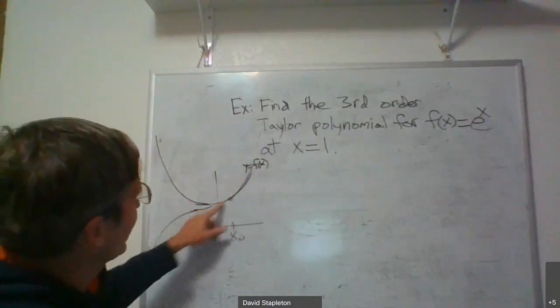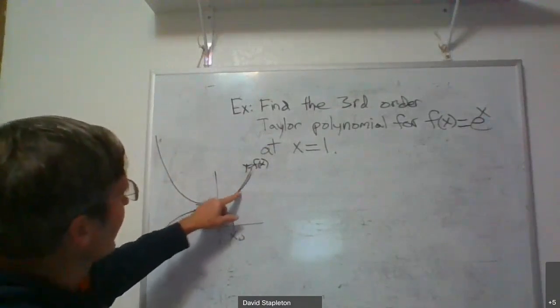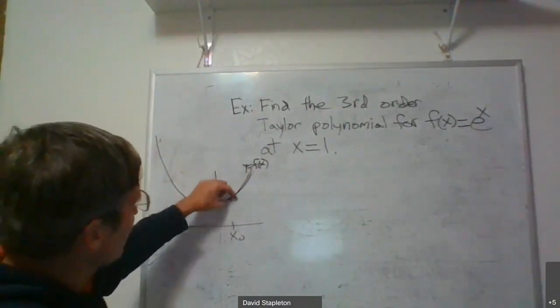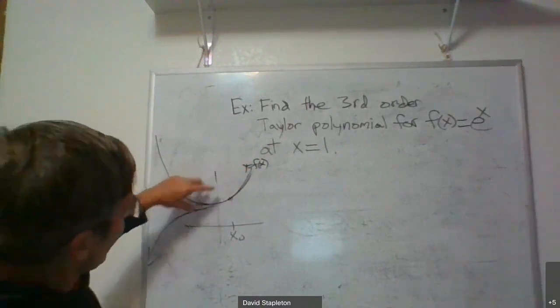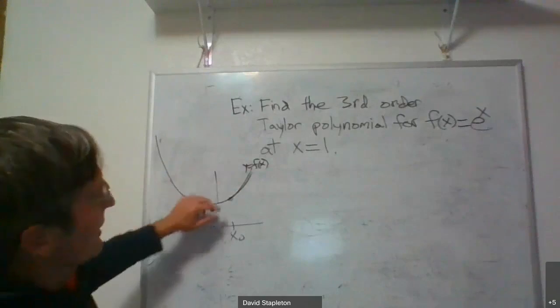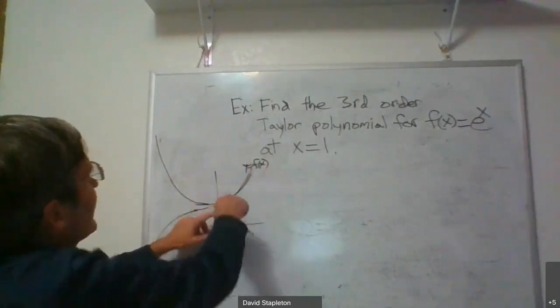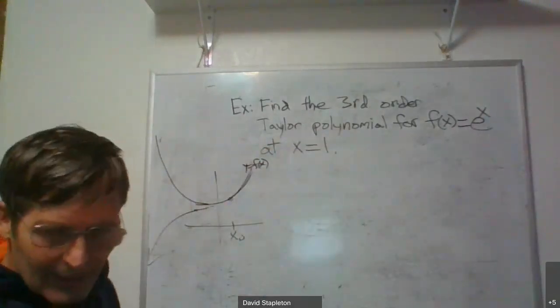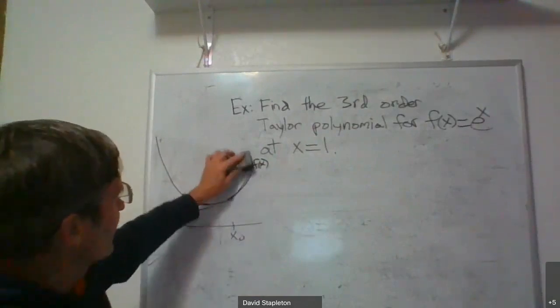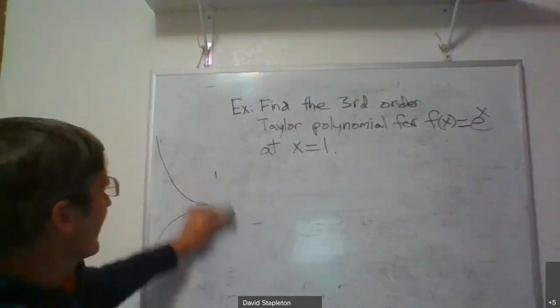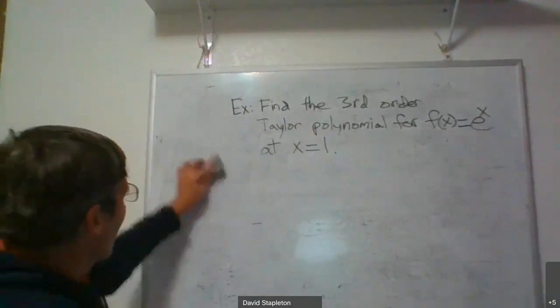So it's a real good approximation close in, just like the local linear approximation was good if you were close enough. These are good if you're a little further out, but every one of these tends to digress. Obviously, if it's exactly a polynomial, it approximates itself. But in general, it tends to go on.